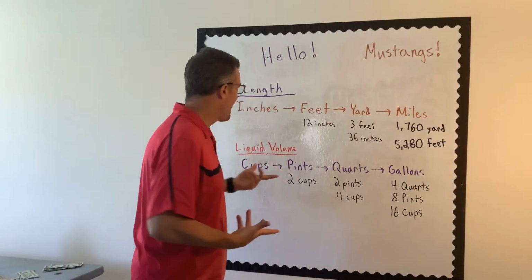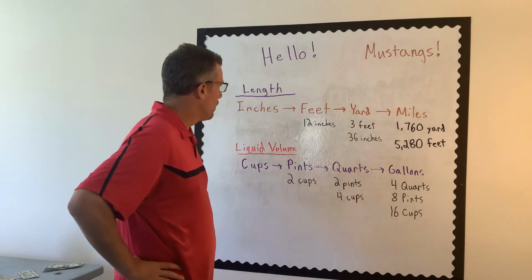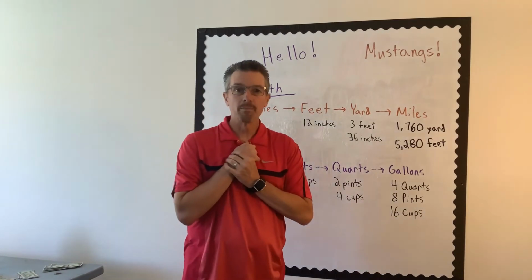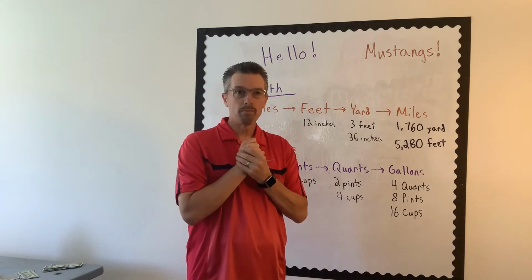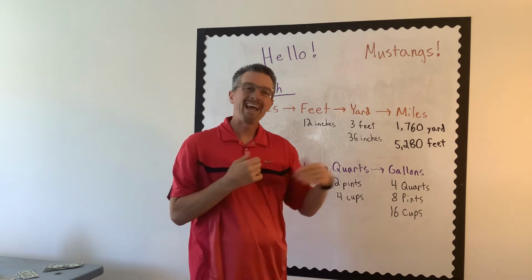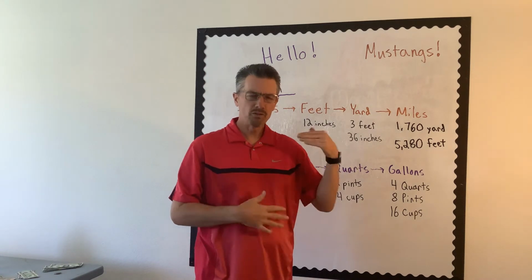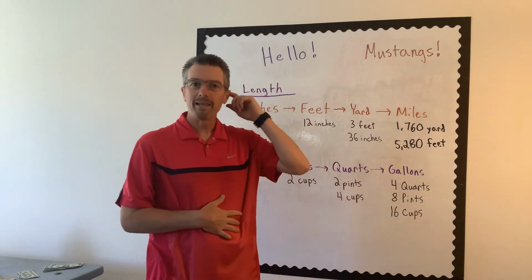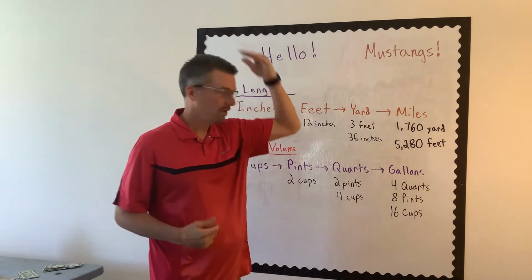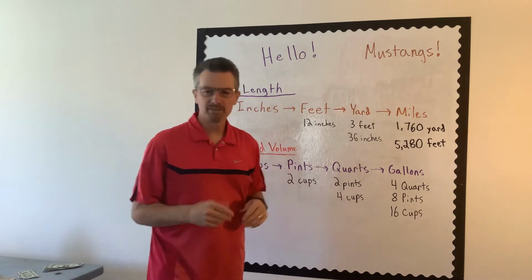So let's look at how we could convert something. I'm going to give you a problem in distance, and then I'll also give you some liquid volume problems on how you convert from one to the other. So the first one is, let's look at me, okay? I am 6 feet tall. I'm not going to measure myself because I know I'm 6 foot tall.